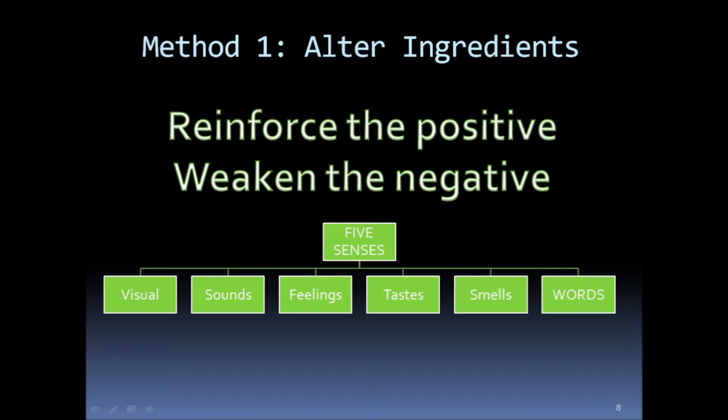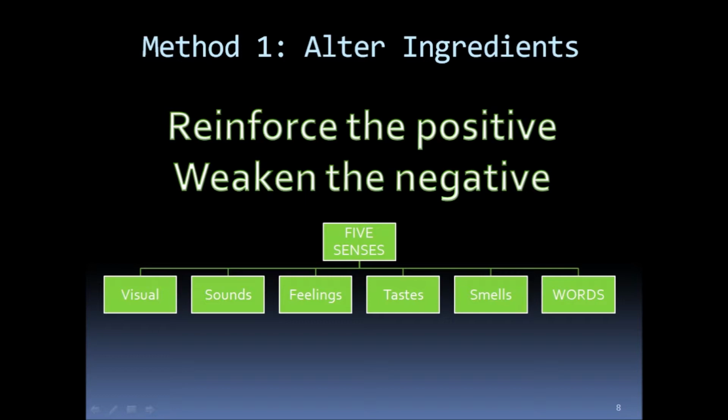Also, if you have found your positive spells, if there's an image that makes you feel strong, every time you think of that image and recall it, you reinforce it. So you can begin to reinforce all of your positive states of mind and positive behaviors, and you can weaken the others by changing the ingredients.